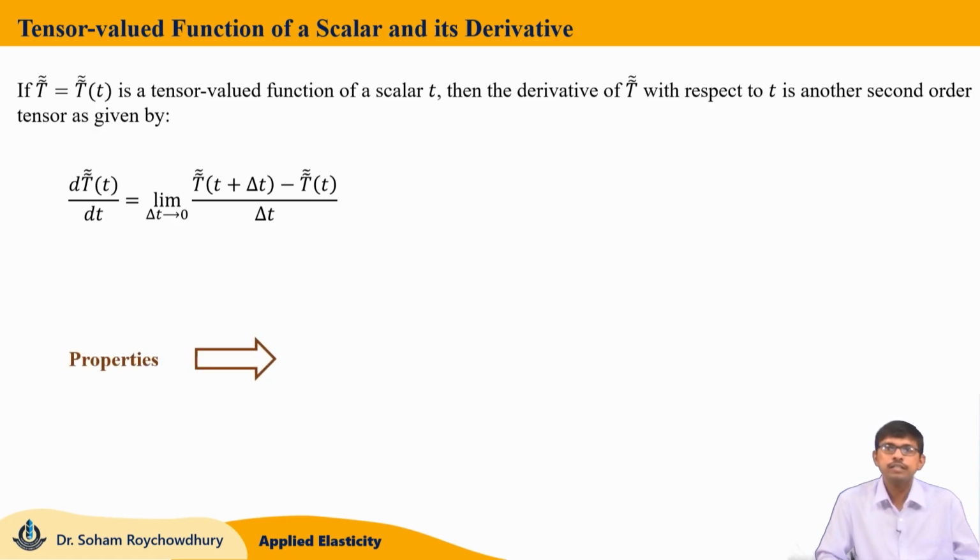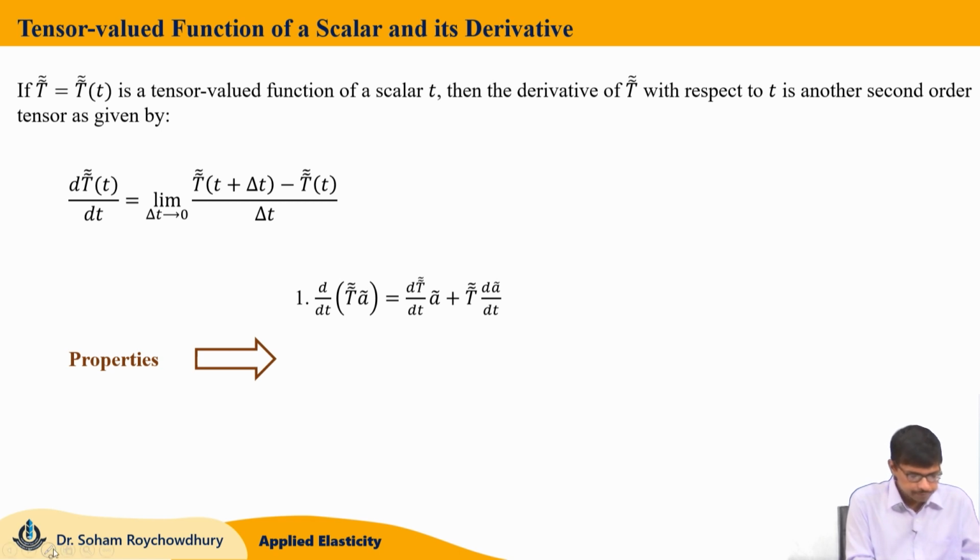Now, what are the properties related to this derivative operator for tensors? If you are taking the derivative d/dt for T acting over a, where T is a second order tensor and a is a vector, we will apply the chain rule of differentiation.